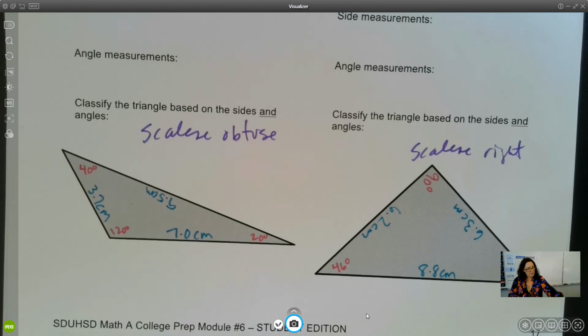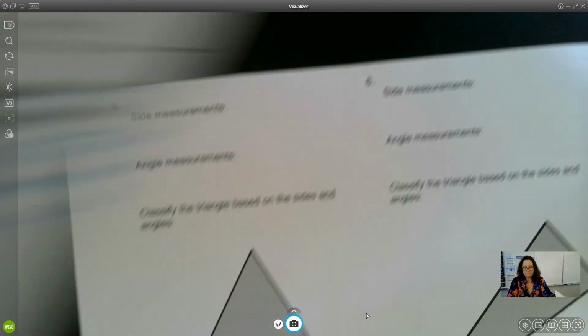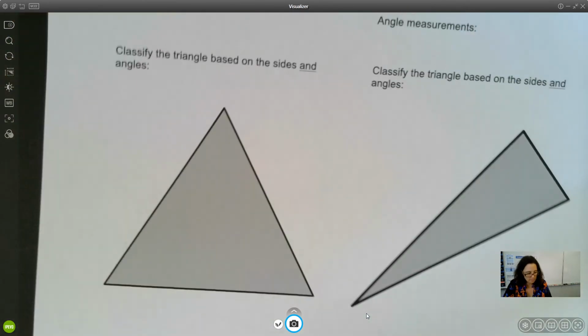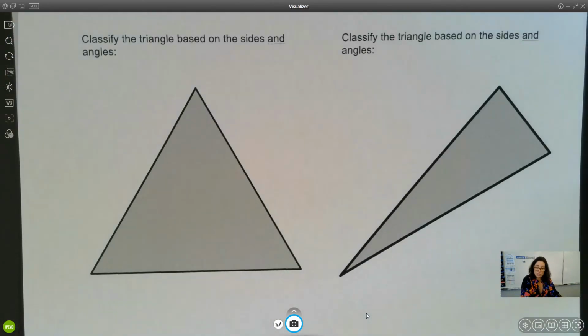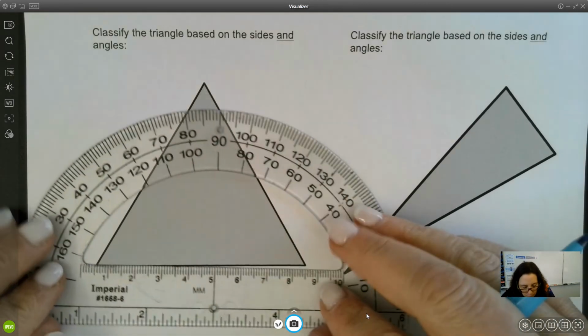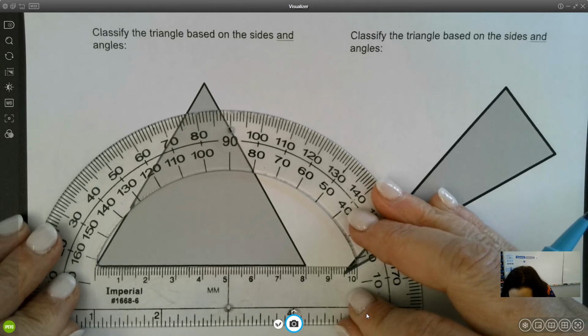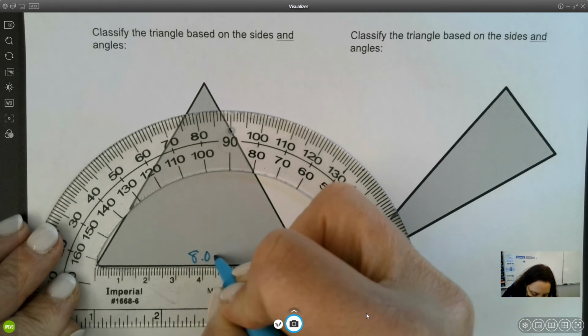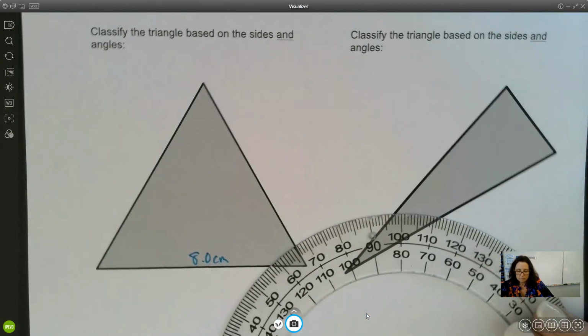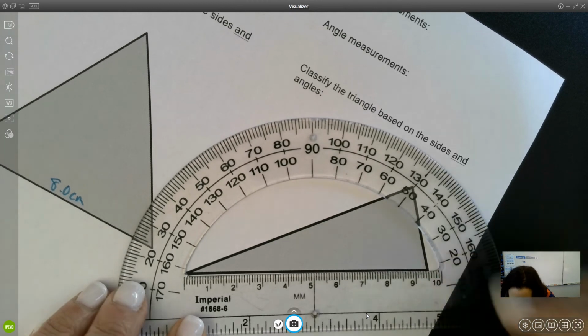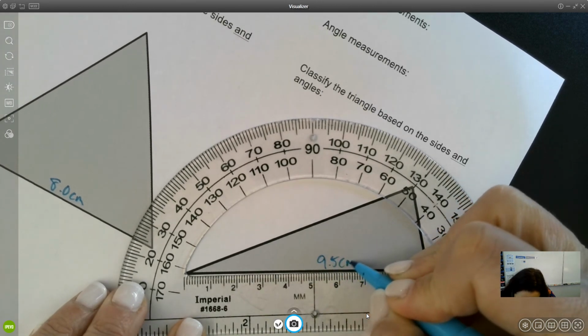All right, I've got two more on that last side there. I'm going to do them in the same way. Okay, let me get my blue pen out for my side lengths. I'm going to do all 6 sides on both of these here. All right, I'm seeing pretty much 8.0 straight up. I'm seeing about a 9.5 there.